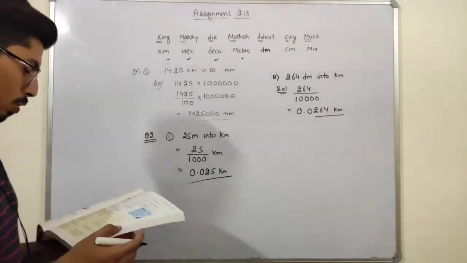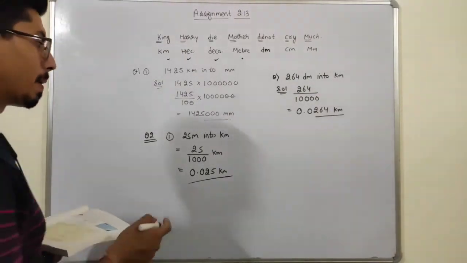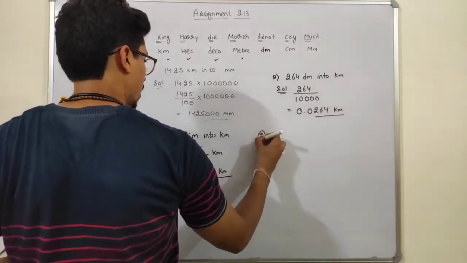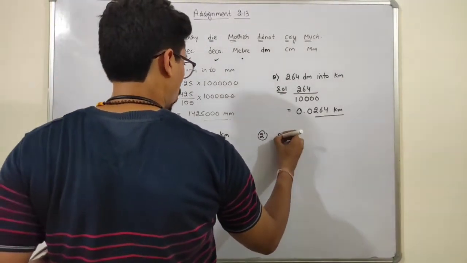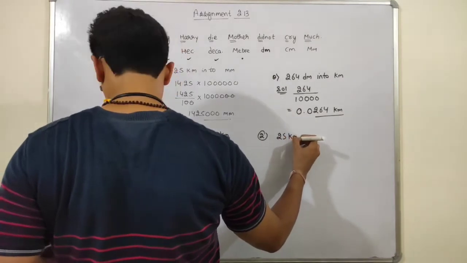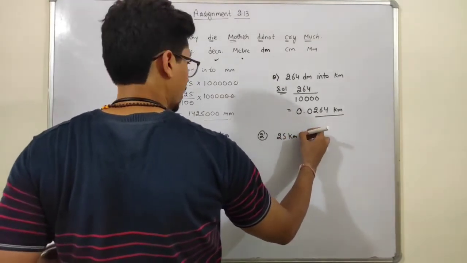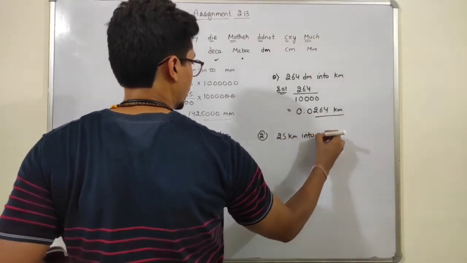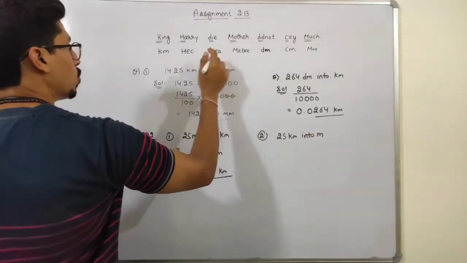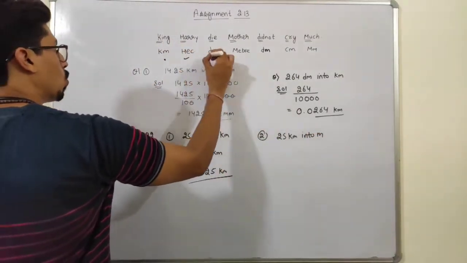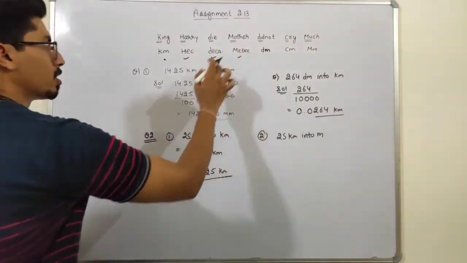Okay. Now, question number second, second part is convert 25 kilometer into meter. 25 kilometer into meter, students. So what I have to do, from this point I have to go to meters till this point.